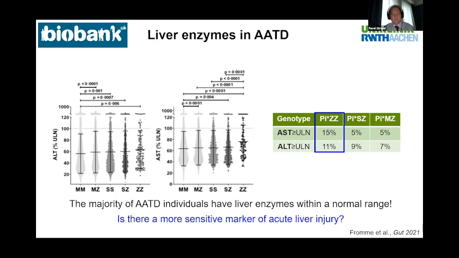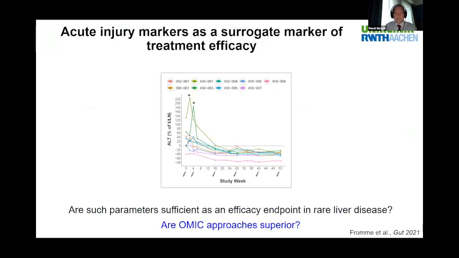Only 11 and 15% of ZZs have elevated ALT and AST levels. That means that a large number of other ZZs have normal liver enzymes, and it remains quite unclear whether these patients are completely healthy. It doesn't seem to be the case.